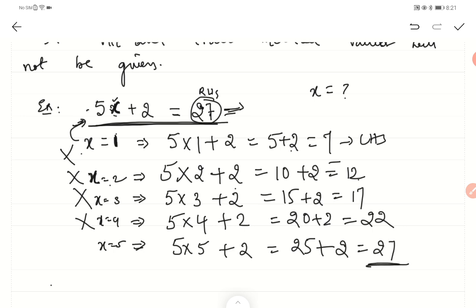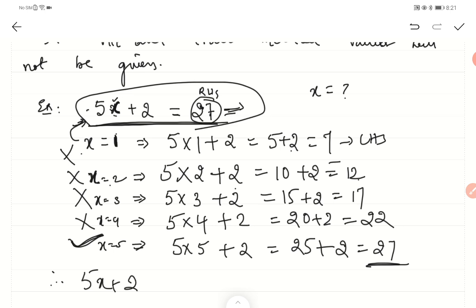Isn't it? We got 27. For x equal to 5, you have got the correct answer. Therefore, in this equation 5x plus 2 equal to 27, it is true for x equal to 5.